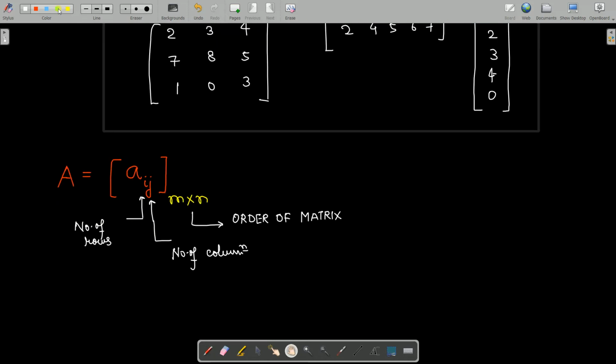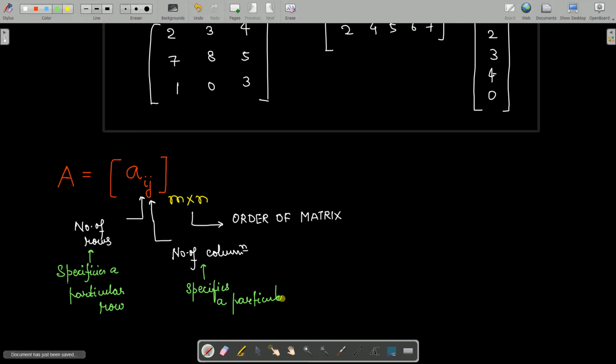Or rather, to be more specific, i specifies a particular row, and j specifies a particular column.